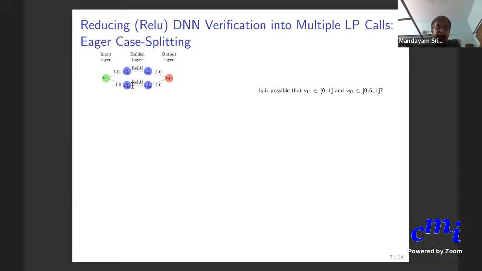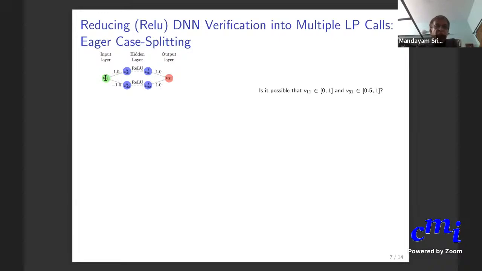Let me use this example, which is given in the ReluPlex paper that I gave you a reference for, and that I will upload to Moodle. Here V31 is actually equal to V11.